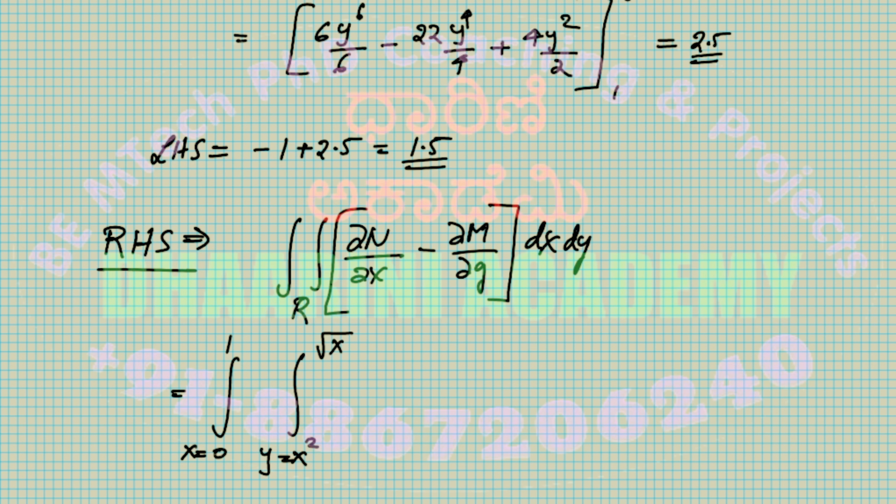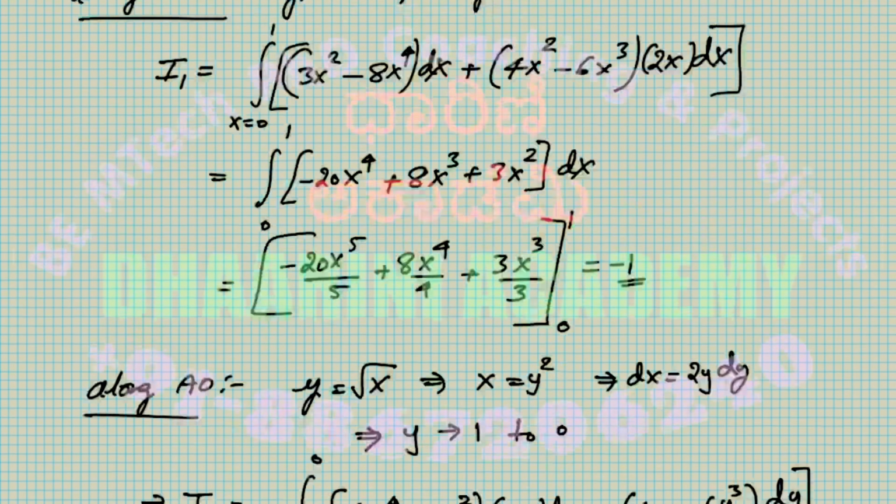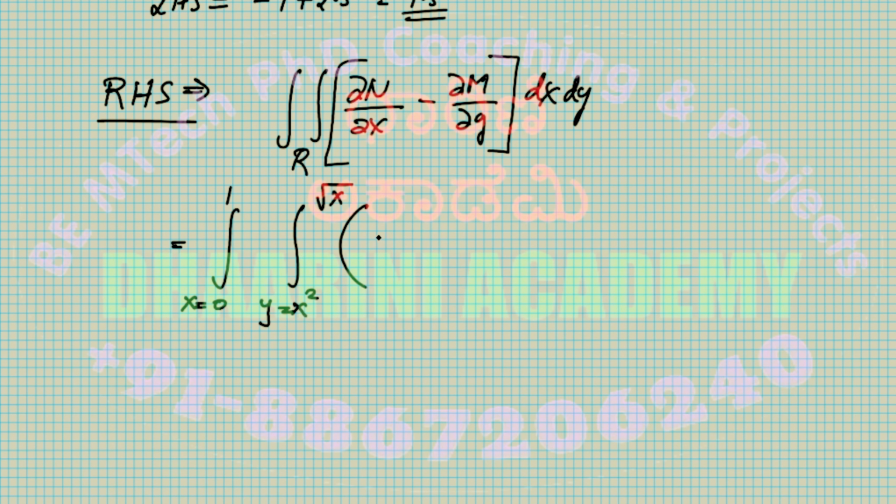Then you substitute dou N by dou x first. What is dou N by dou x? We have calculated and kept it ready, right? Dou N by dou x is minus 6y. Okay, then check what is dou M by dou y, plus 16y, correct? Do dy first, then perform dx.